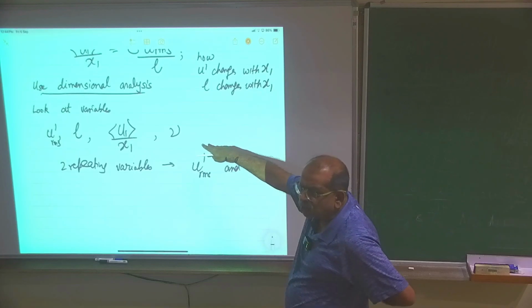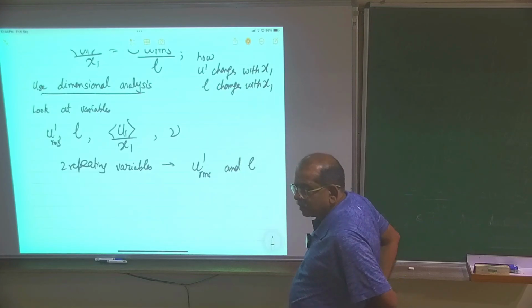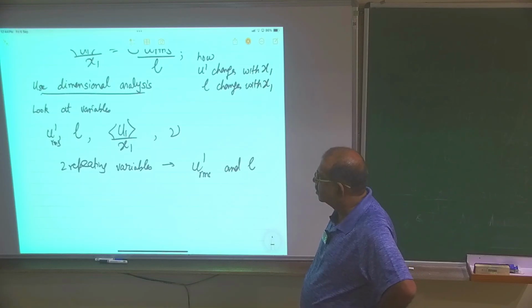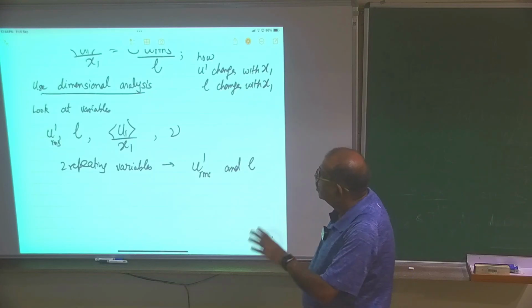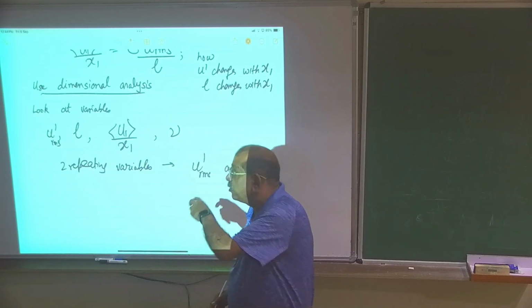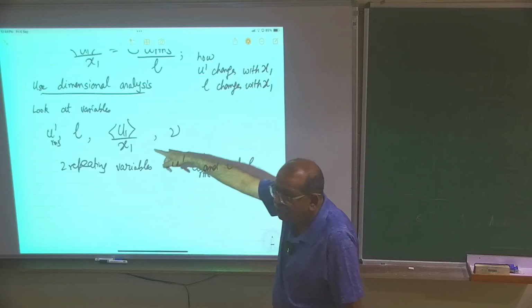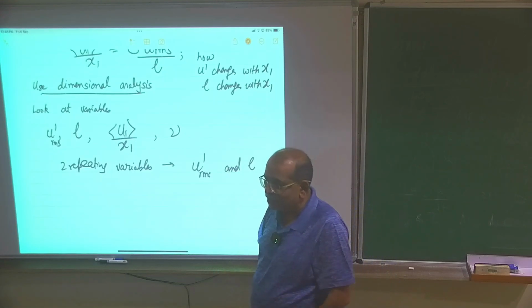Viscosity is constant, it is not the turbulent viscosity; it is mu upon rho. Turbulent viscosity is a known eddy viscosity, so basically it is a function of u RMS and L. If I somehow know how u prime is changing with x and L is changing with x, then I can put an exam question: how is nu t changing with x?